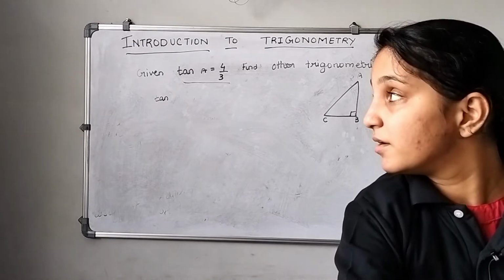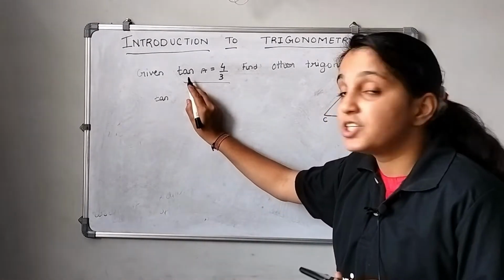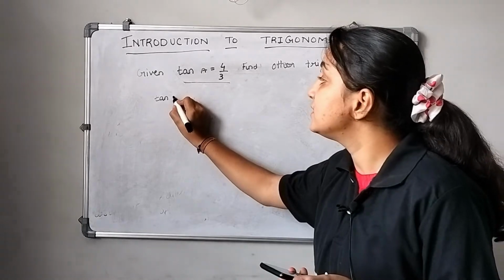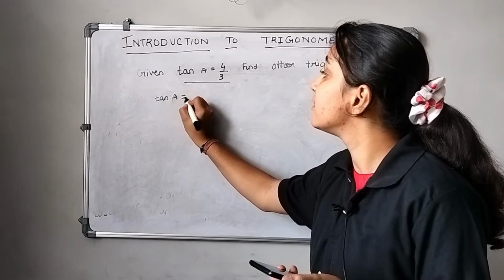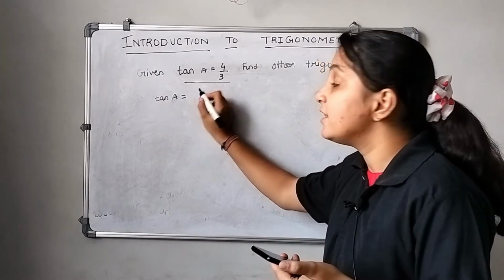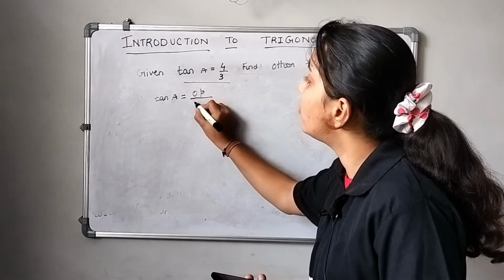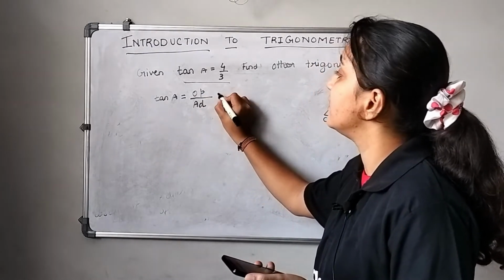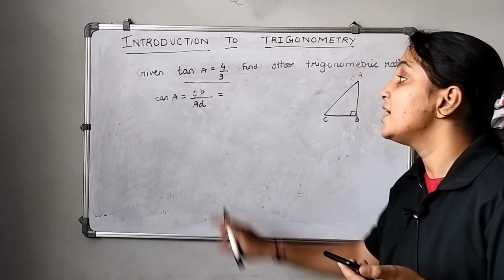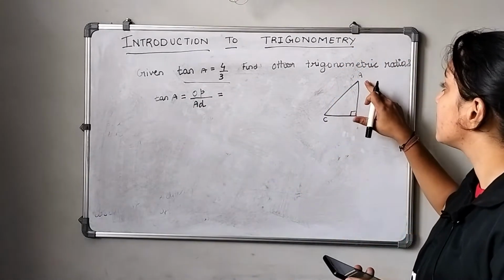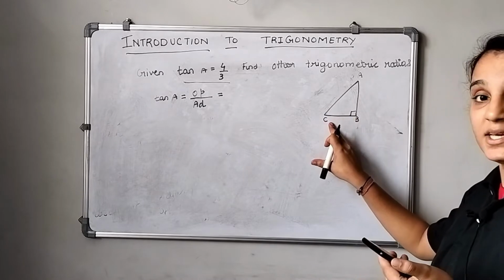Now, what is the definition of tan? The definition of tan we have seen is opposite side upon adjacent side. Now, what is the opposite side of A here? BC.